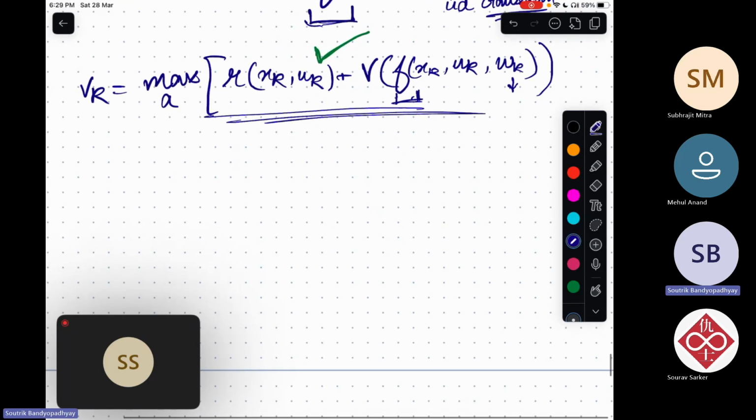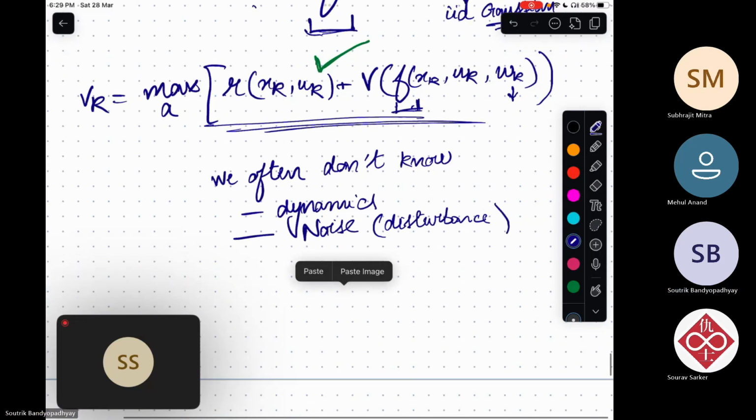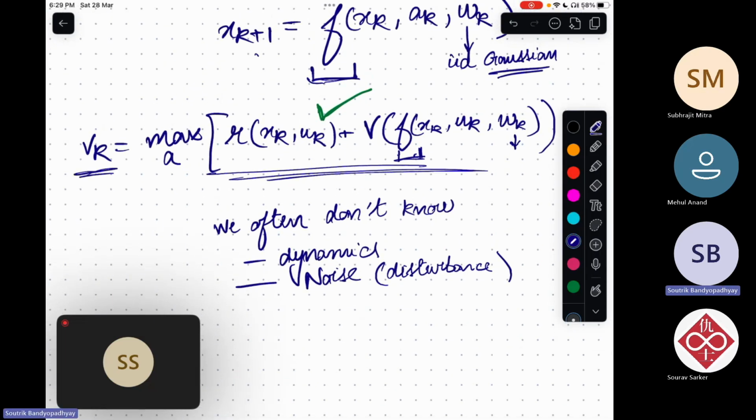Now herein lies the challenge. We often don't know the dynamics, or the noise or disturbance. This formulation over here is called model based reinforcement learning.